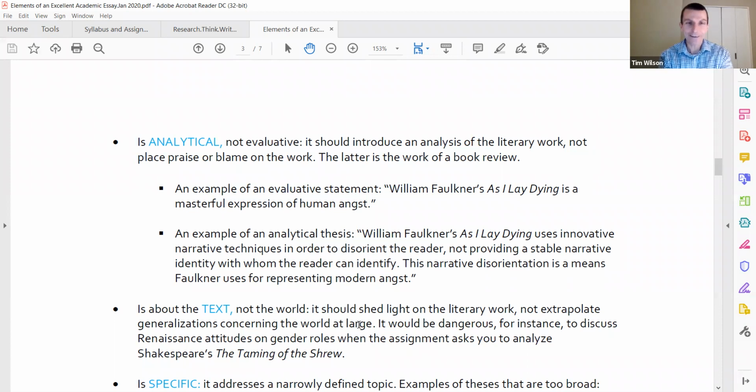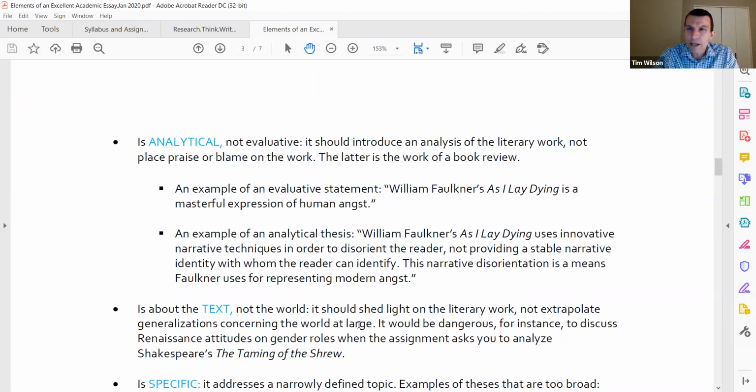I like that one. An example of an analytical thesis: William Faulkner's "As I Lay Dying" uses innovative narrative techniques in order to disorient the reader, not providing a stable narrative identity with whom the reader can identify. This narrative disorientation is a means Faulkner uses for representing modern angst.